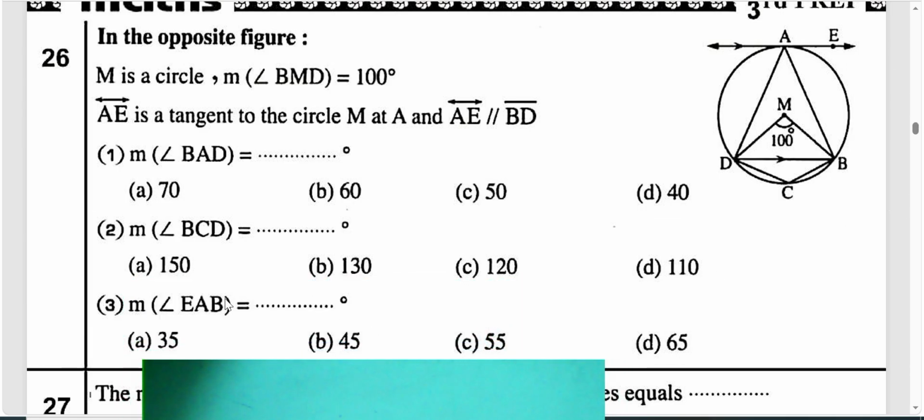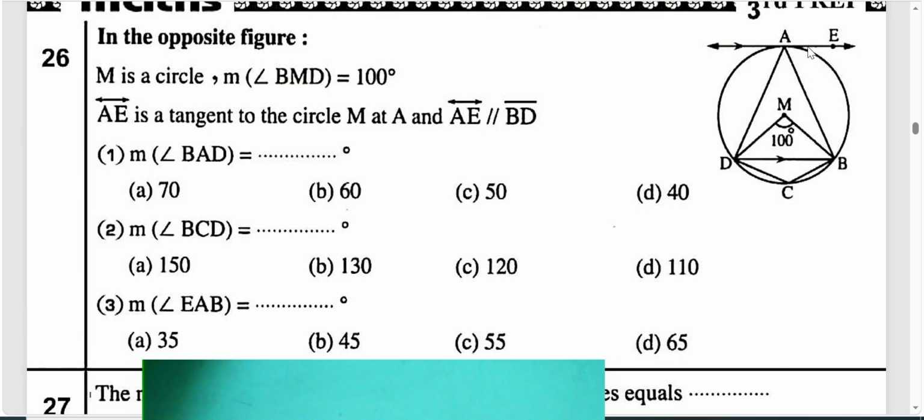Next question. Number 3. Asked about the measure of angle EAB. Look here, EAB. We want to find the tangent angle here. EAB is half of what? Half of the measure of arc EB. He gave me parallel lines. Look here, they are parallel. The measure of angle EAB is equivalent to the measure of angle ABD.